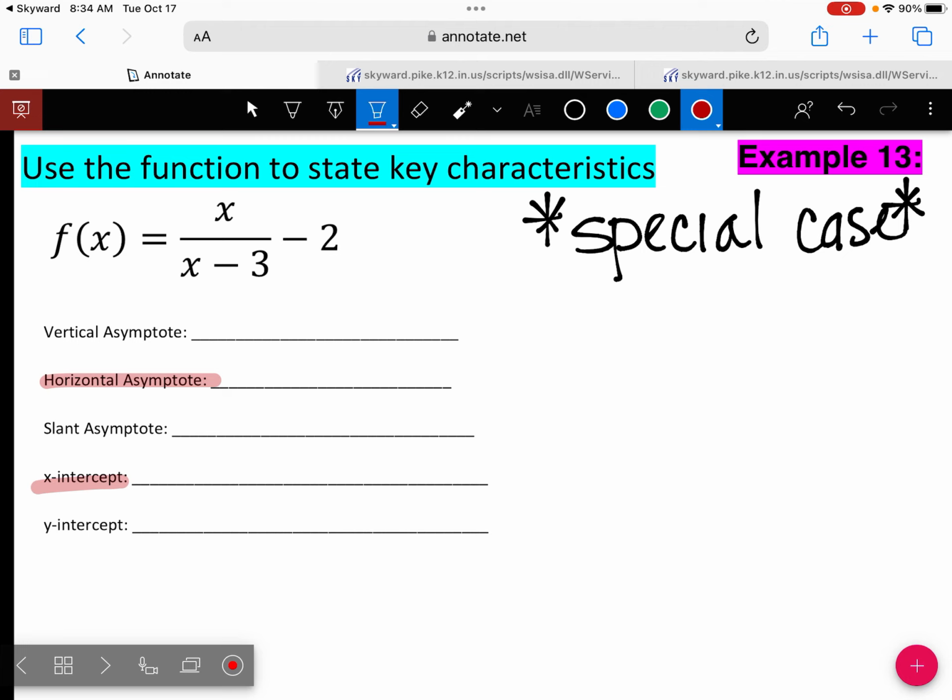We'll start with our vertical asymptote, which is still going to come from your denominator. You take this x minus 3, set that equal to 0. You have a vertical asymptote at x equals 3.